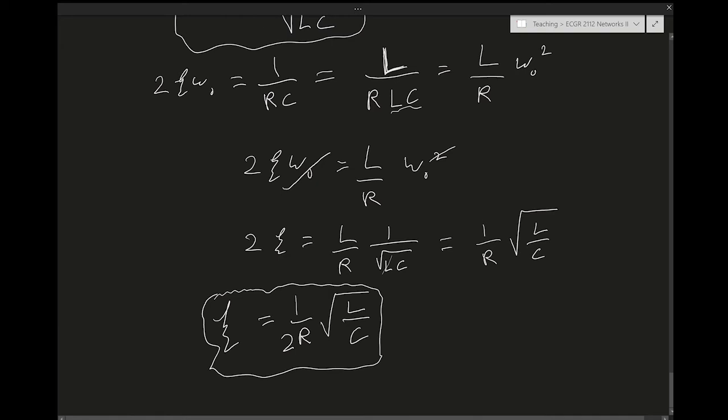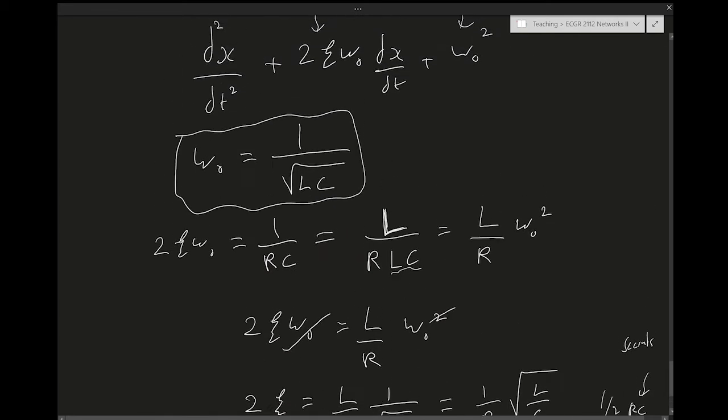I think in the textbook there's an error there. How do I instantly know? They say in the textbook the damping term is half RC. How do I know instantly this is an error? I know instantly because RC, we know, has units of seconds. The damping coefficient cannot have units of seconds.